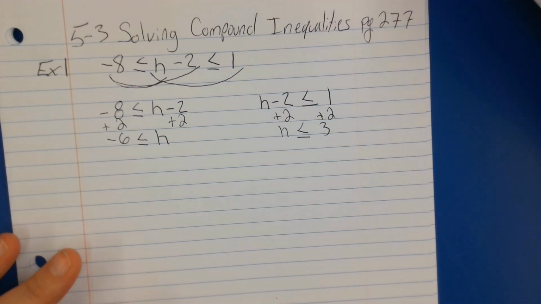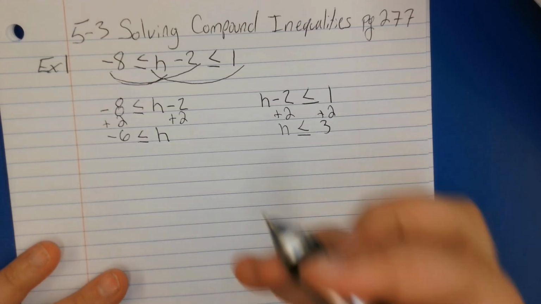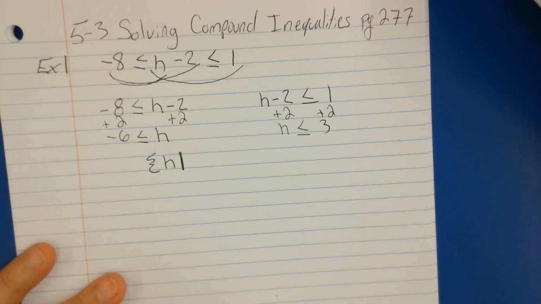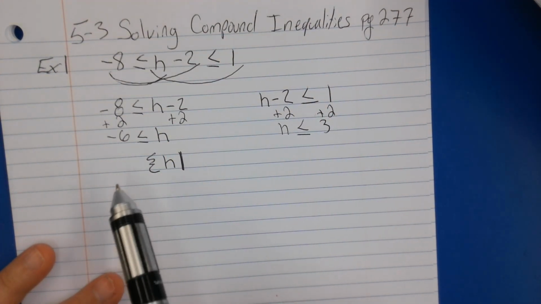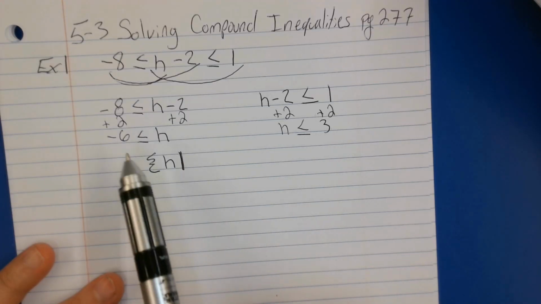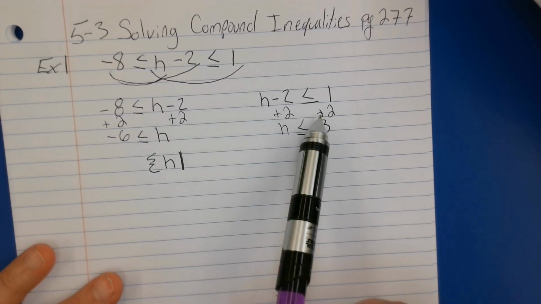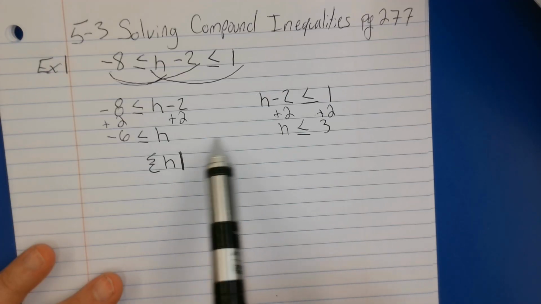Now we're going to put this together into a solution set, and we're going to write it in set builder notation. So we're going to go our bracket. We're going to tell us what variable we've been working with, and then we're going to create the answer. When we create the answer, we're going to put these back together. Normally when we write this, we bring the variable first. When it is a compound inequality, the variable should be in the middle.